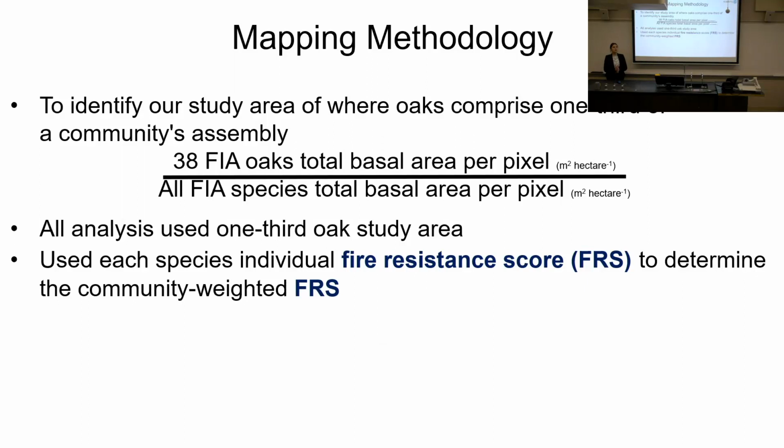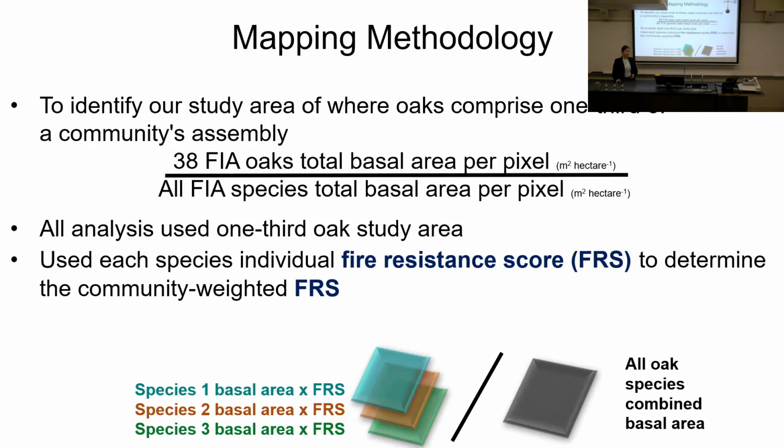We also wanted to determine each species' individual fire resistance score to be able to determine the community weighted fire resistance score of an area. I have this visual for an example here. Some areas might only have one oak species present, but what would it look like if you had 3 present within one area? How would that community's fire resistance score yield a better idea of the overall fire resistance?